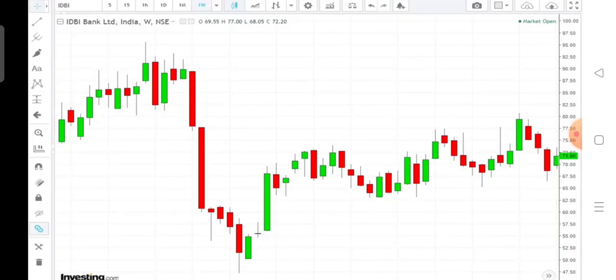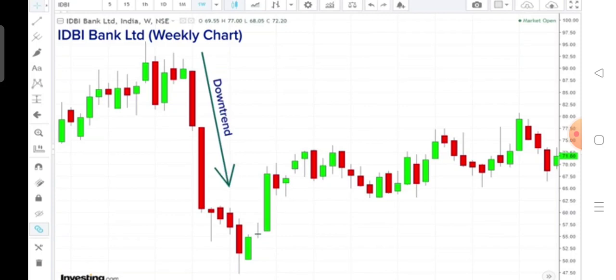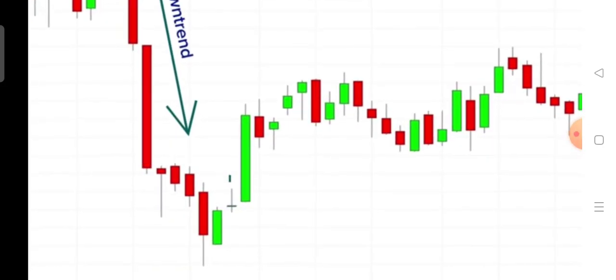Now let me show you one example of the piercing pattern and also a dark cloud cover in the chart, so that we have a better idea about the patterns. Here first we are looking at the weekly chart of IDBI Bank. See, first there was a downtrend, then there was a red candle in continuation of the downtrend, and then a green candle that opened below the body of the red candle and closed above the 50% line.